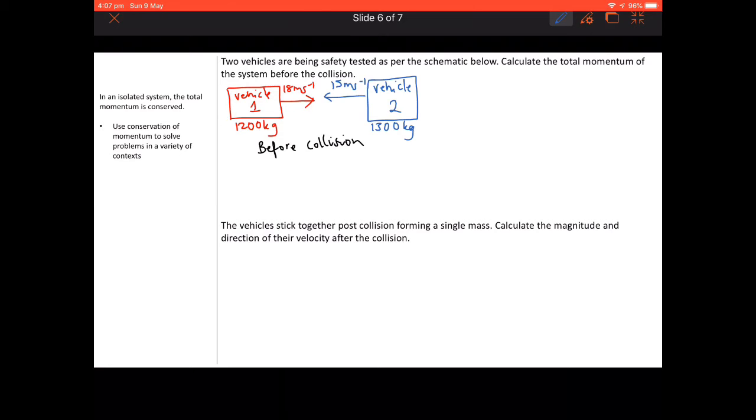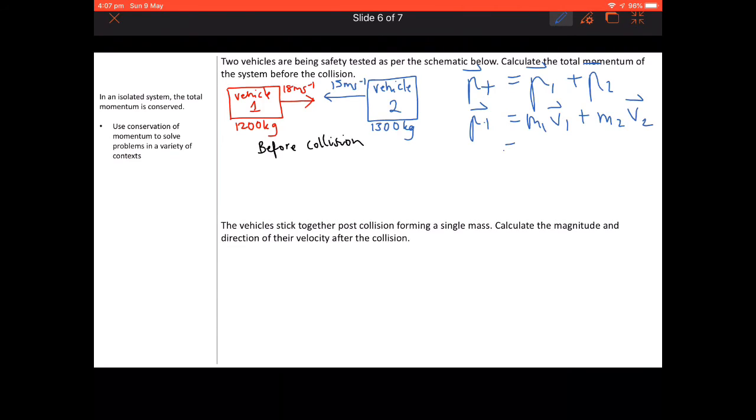So the total momentum before the collision is going to be the momentum of vehicle 1 plus the momentum of vehicle 2. So total momentum equals P1 plus P2. This is going to be mass 1 by velocity 1 plus mass 2 by velocity 2.